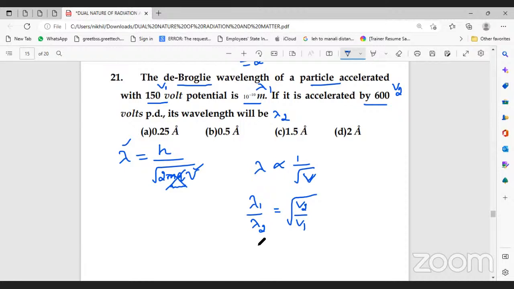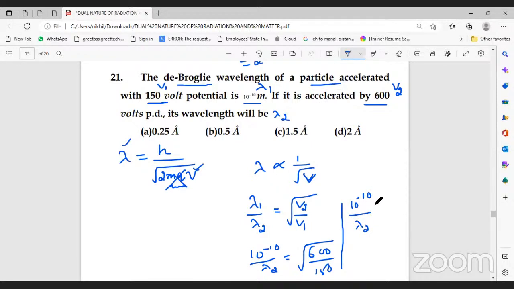What is lambda 1? 10 power minus 10 by lambda 2. What is the V2 value? So 10 power minus 10 by lambda 2 equals root of 600 by 150.